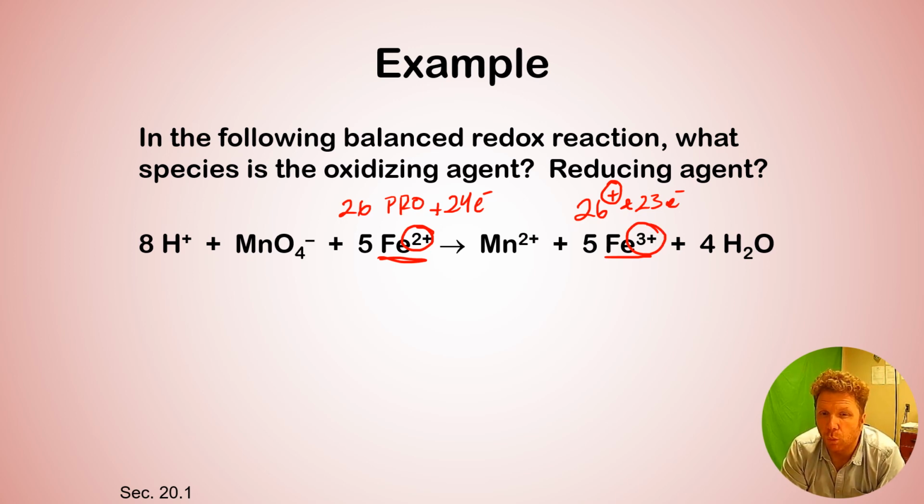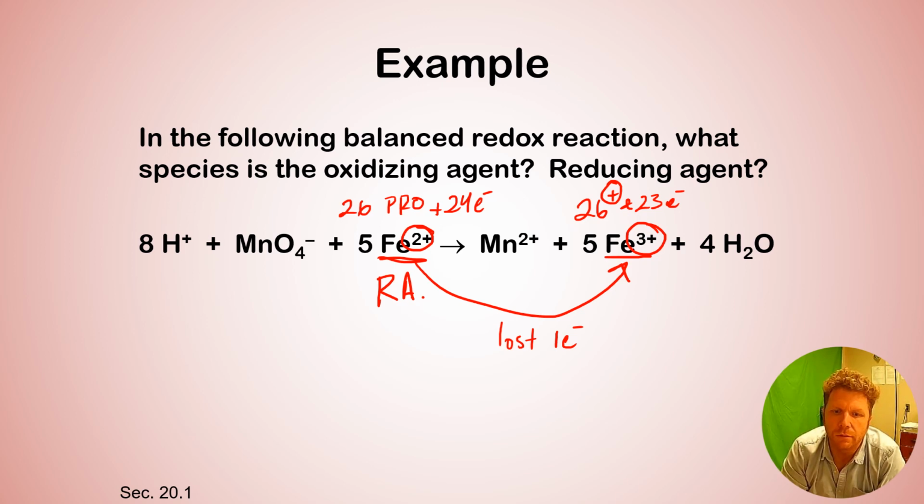So we've gone from 24 electrons to 23 electrons. So what has happened from Fe2+ to Fe3+? We've lost 1 electron. So by this iron losing an electron, it became oxidized. Therefore, this is the RA, the reducing agent, because it got oxidized.